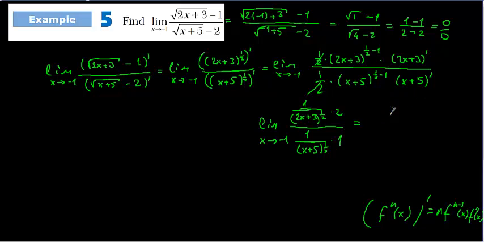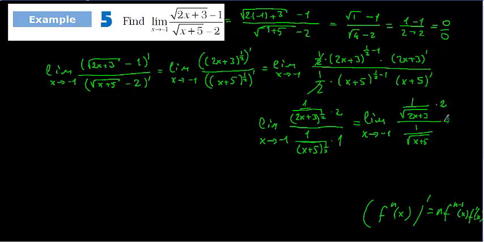Then it's going to be limit x tends to minus 1, 1 over root of 2x plus 3, over, again, I forgot times 2 here, 1 over root of x plus 5 times 1, and the times 1 is not written here.